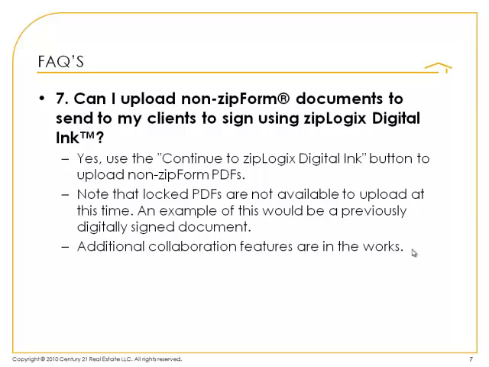You need to know that virtually all PDFs are not locked. What ones would be locked? Well, an example is a PDF that you generated from Zip Forms. Supposing you make a form in Zip Forms and you generate that as a PDF, it doesn't like those. There are ways to get around it, but basically you need to make a PDF that's not locked, and there's a lot of ways of doing that through printing and things like that.